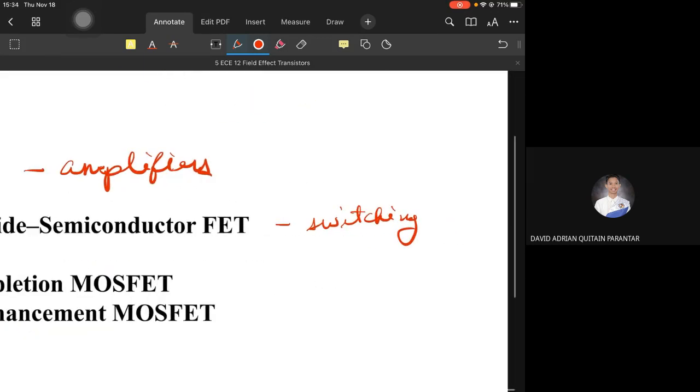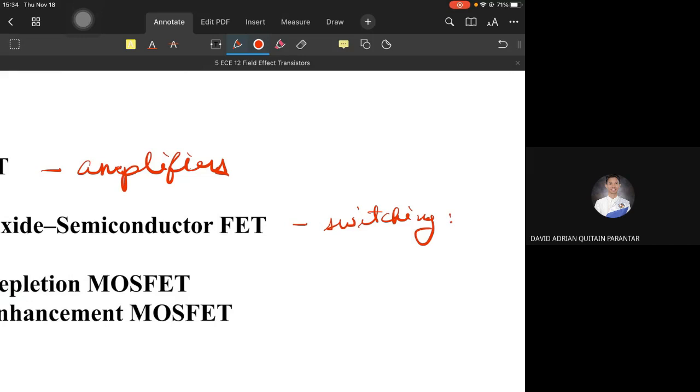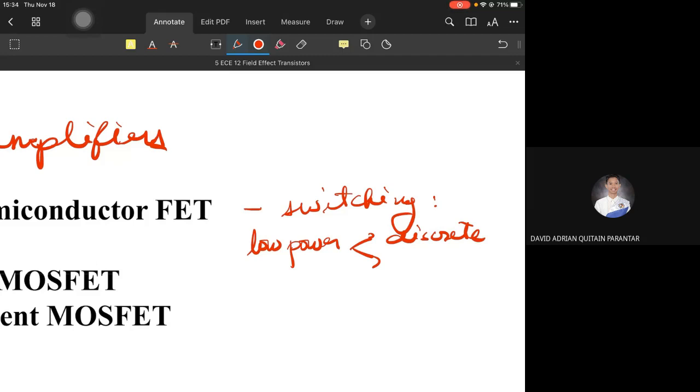Switching circuits, whether low power switching in discrete components, discrete meaning those components we connect on a breadboard, or whether in an integrated circuit package. Integrated circuit meaning those chips, ICs.